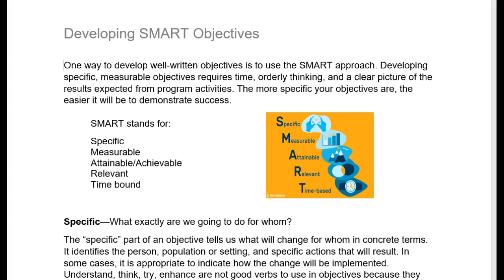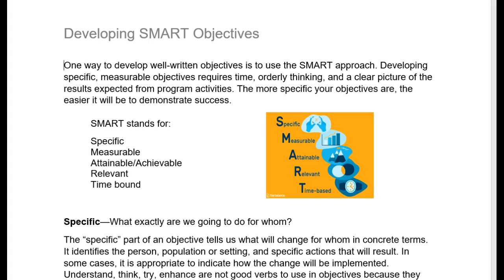The concept of SMART goals and objectives is not unique to education. We find them in business, we find them in medicine, we find them in research. So they're a common approach to how we can organize our thinking about developing objectives for students to achieve.